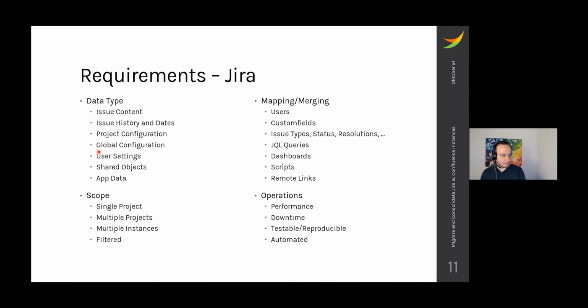I don't know if you use Advanced Roadmaps for Jira, for example, there are hierarchy levels that are defined once for the whole instance, or there are application links, webhooks, integrations, and stuff. So this exists only once in an instance, and you probably have conflicts in these.